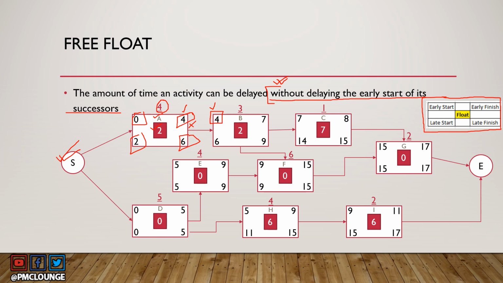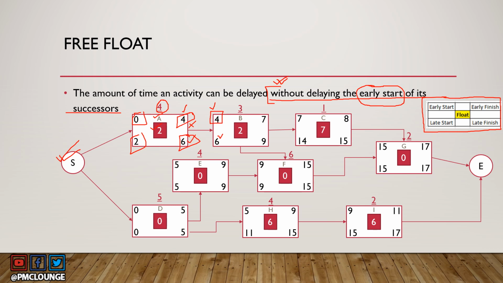If it gets delayed to, let's say, 6, then obviously the successor activity will also have a late start. But the definition here says without delaying the early start, not the late start, right? We're talking about early start only.